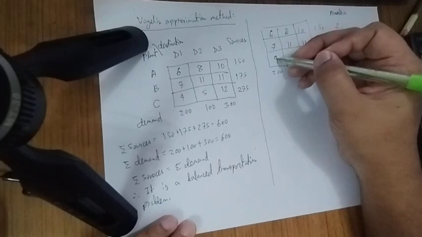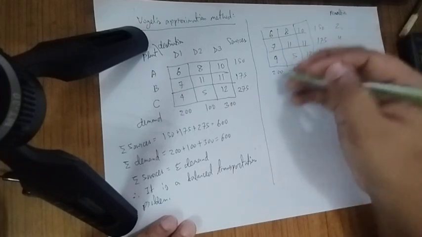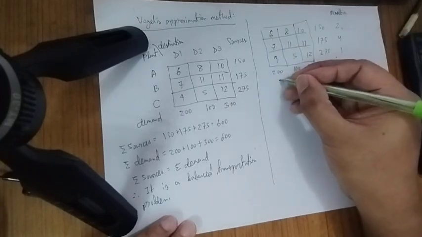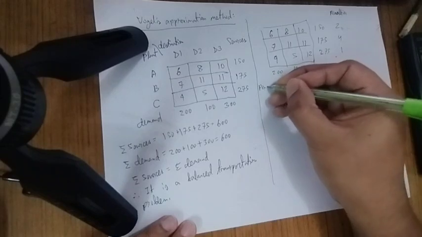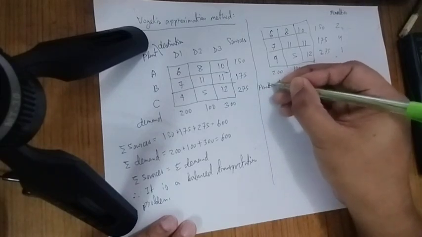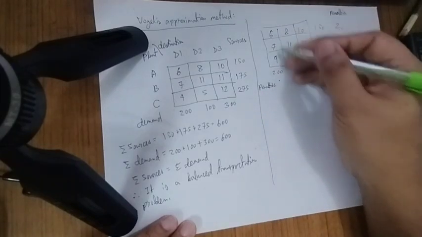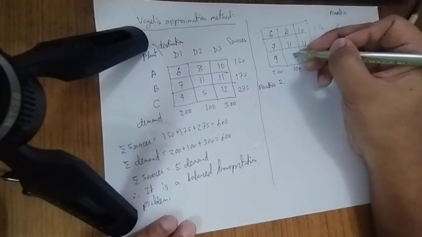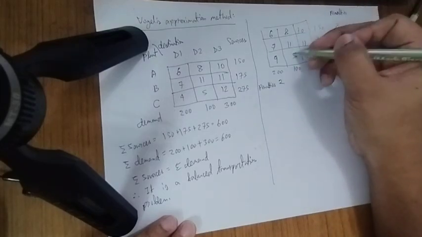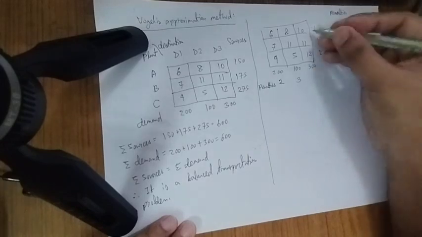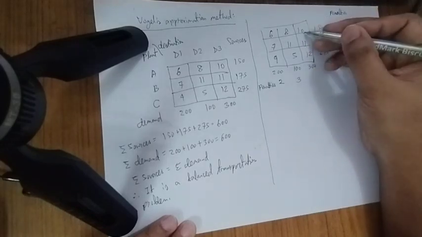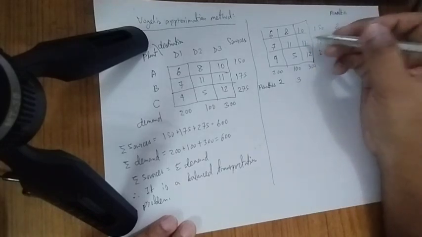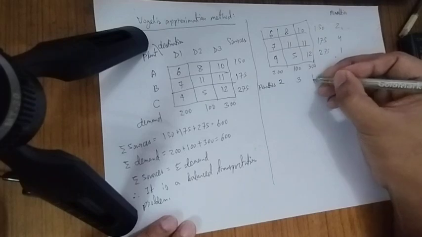Within 6, 7, 4, the lowest values are 6 and 4, the difference is 2. 8, 11, 5, the lowest values are 8 and 5, so the penalty is 3. 10, 11, 12, the lowest values are 10 and 11, so the difference is 1.